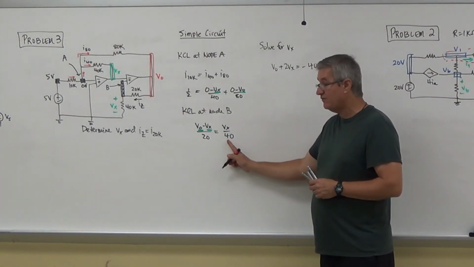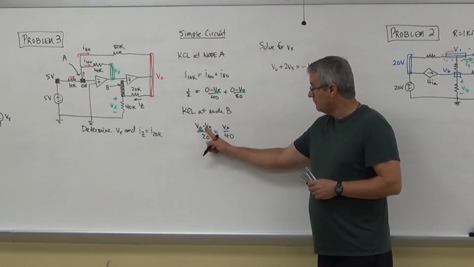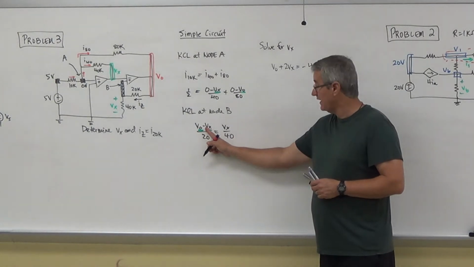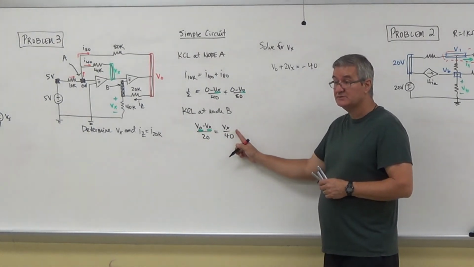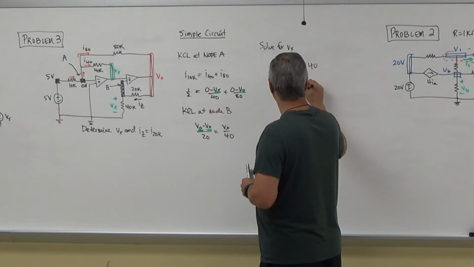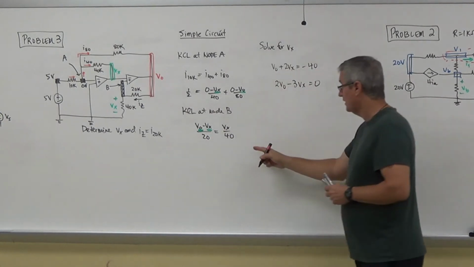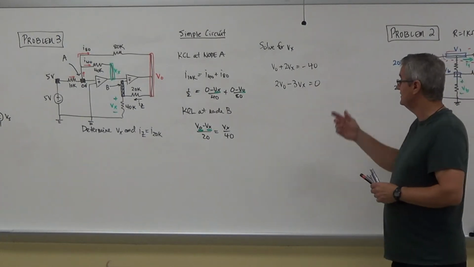I'm going to multiply by 40. So I'm going to get 2V naught, and then I get minus 2Vx. Then that 2Vx I'm going to bring to the other side. So then I should get 3Vx. So then I should get 2V naught minus 3Vx equals 0. I think that algebra is right. Am I right? Okay. So now I just have a simple system.